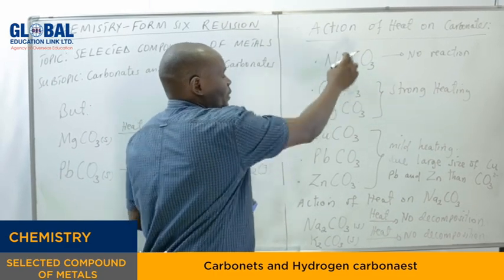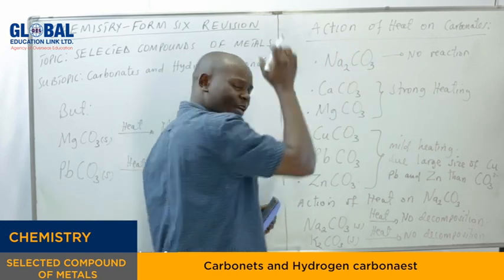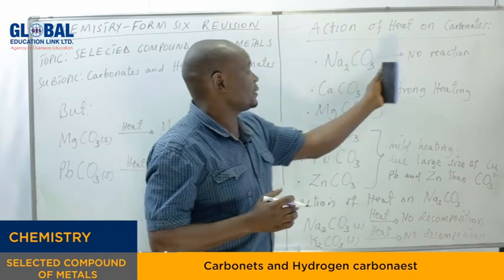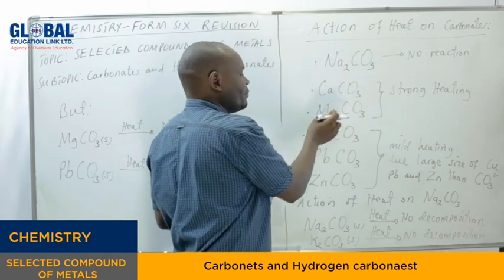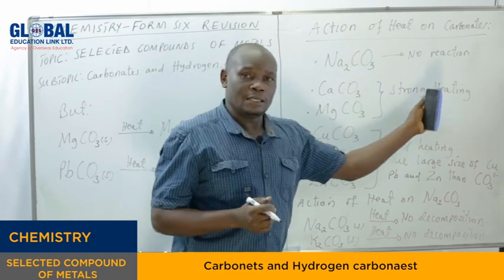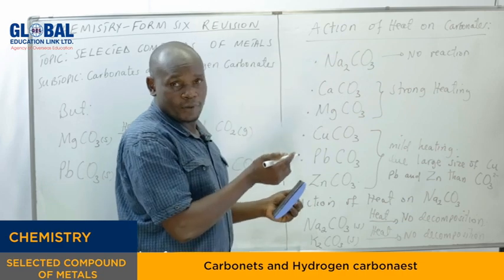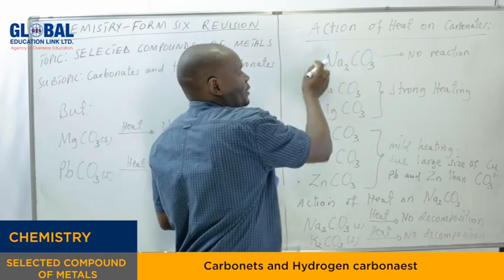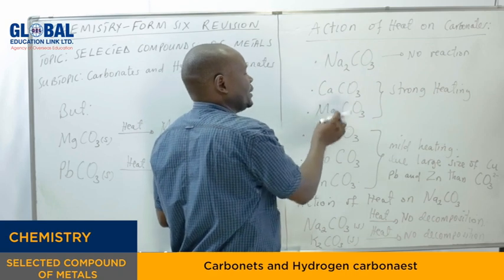As we know, the enthalpy of formation for sodium carbonate is very, very low. That's why it doesn't decompose at all. But the carbonates of calcium and magnesium get decomposed on strong heating, since the enthalpy of formation is not as low as for sodium carbonate, due to their size differing.